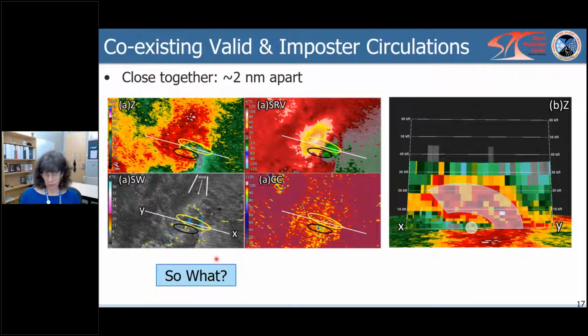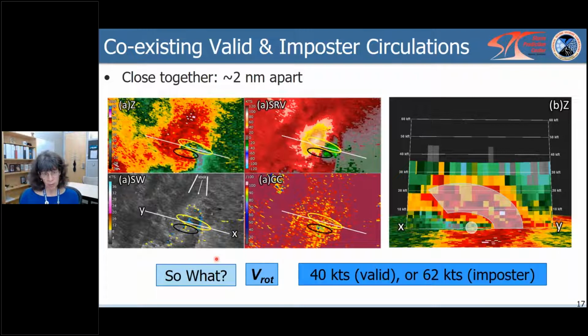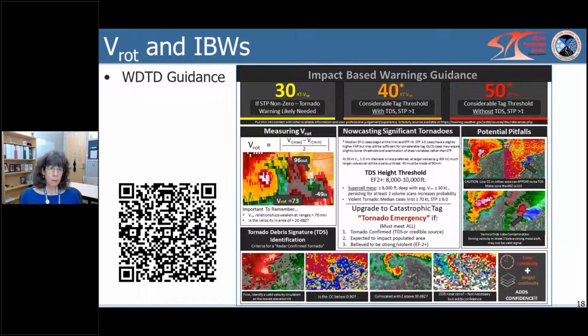Okay, so what? Well, what matters here is the rotational velocity, as Evan hinted at before, because in this case, the rotational velocity for the valid circulation is 40 knots versus 62 knots for the imposter. And we get it. Your eyes are drawn to the higher velocity values, but be careful here.